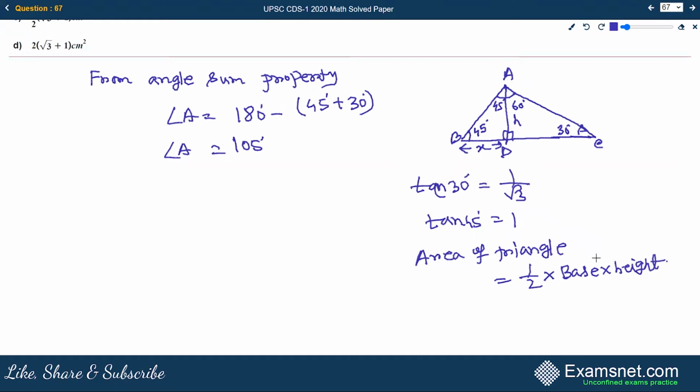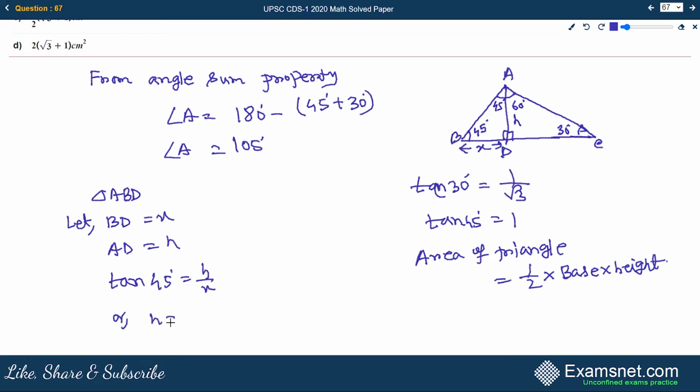Now look here, in triangle ABD, let BD be x units and AD be h. Since this is a right angle triangle, in ABD we can write tan 45° equals h by x. Therefore h equals x. Let's name it equation 1.